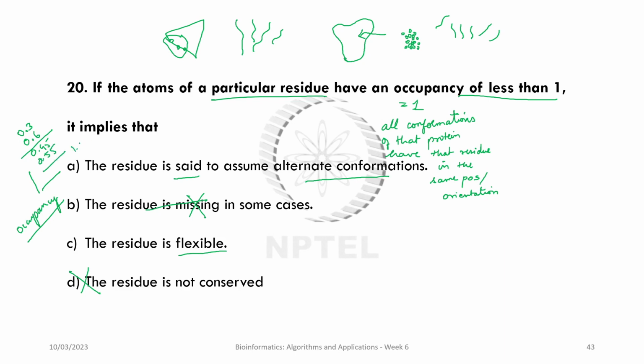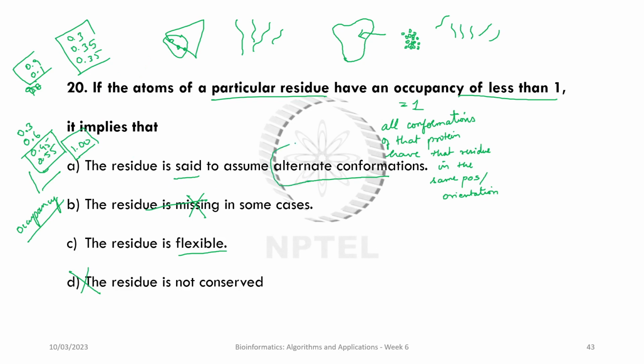Or is it 100%, which is one, or 90 and 10? So you're talking about how the atoms are distributed in different conformations. Or is it 0.3, 0.3, and 0.35, 0.35? Right? How many conformations does it sample?